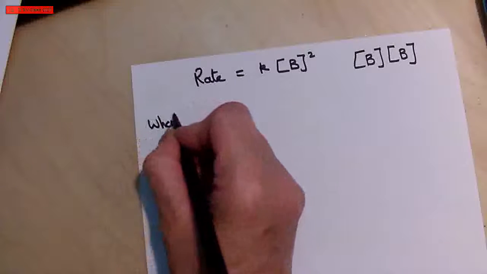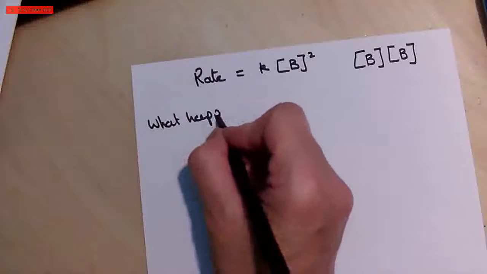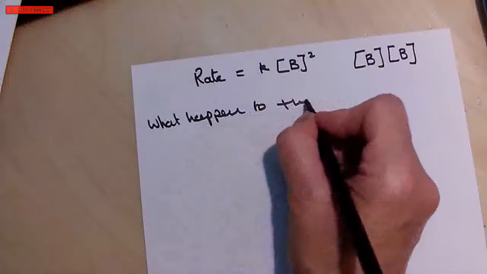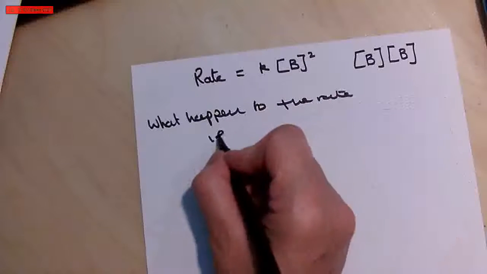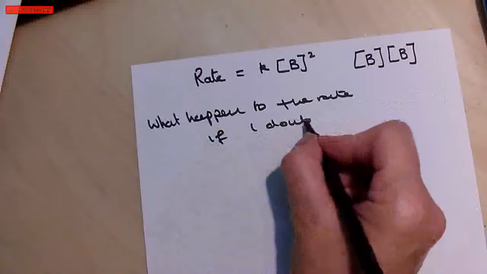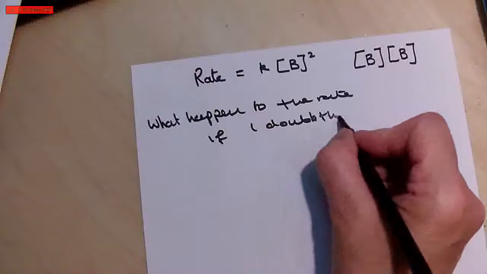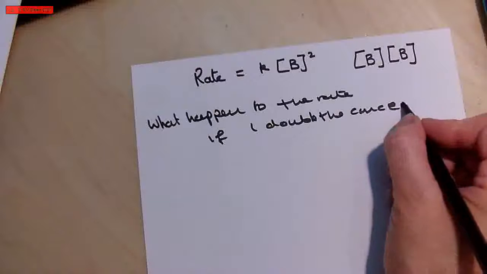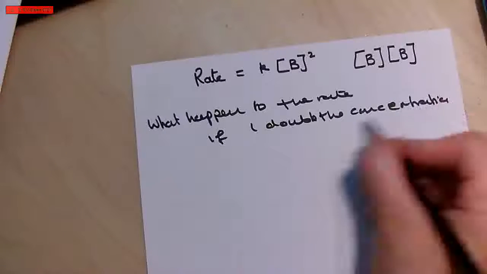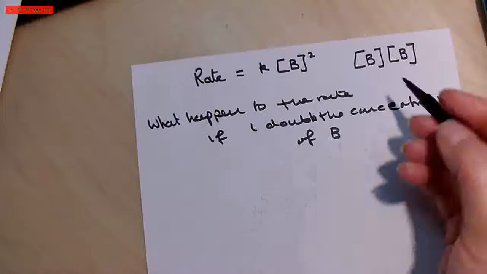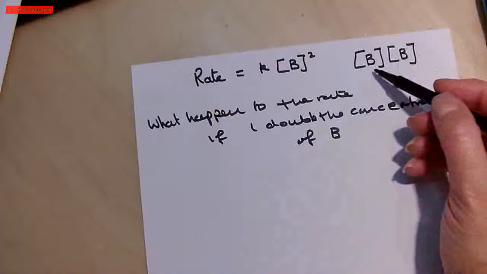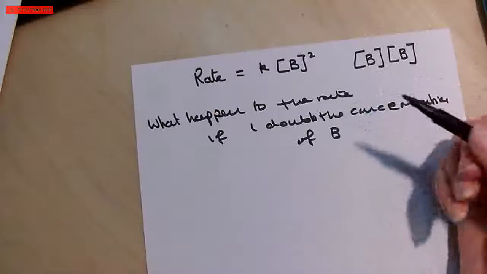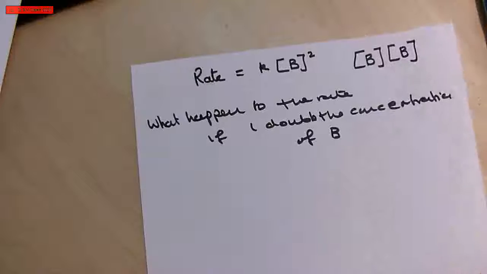So what happens to the rate if I double the concentration of B? So basically, if I've had a 1 mole per decimeter cubed solution of B, what happens if I go to a 2 mole per decimeter cubed solution?